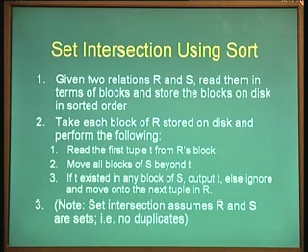What about set intersection using sorting techniques? Set intersection between two relations R and S essentially has to return the set of tuples that are common between R and S. This set intersection is slightly different from the previous two algorithms. Why is this so?